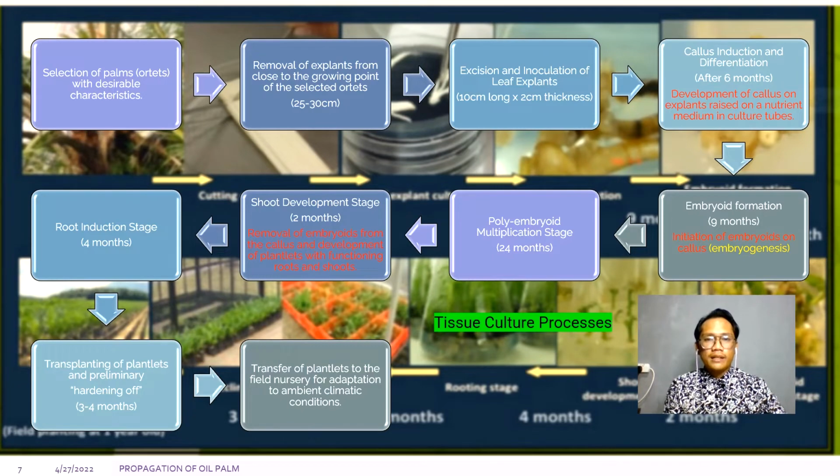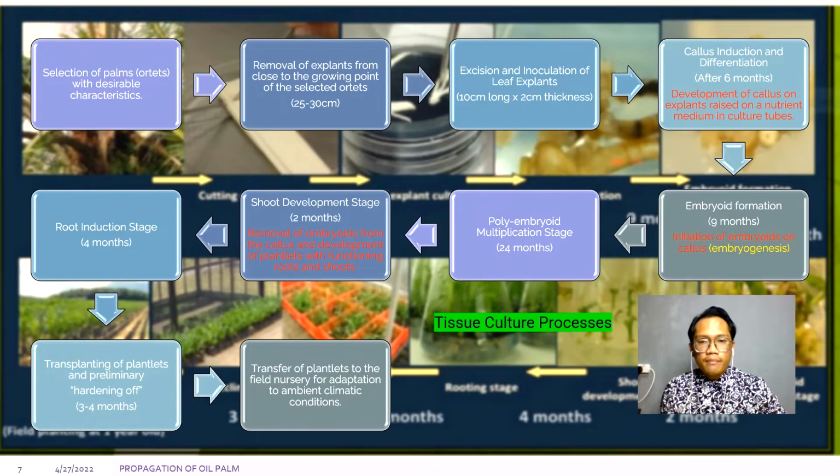Only then do we start the excision and inoculation of the leaf explant. After 6 months, the callus induction and differentiation stage occurs, where callus develops on the explant resting on the nutrient medium in the culture tube.